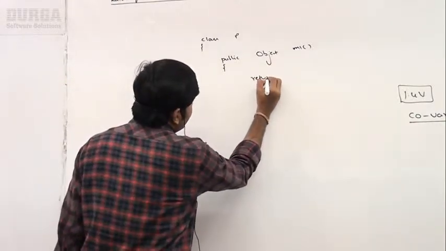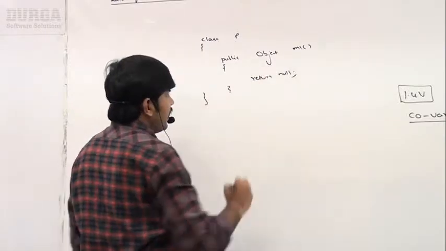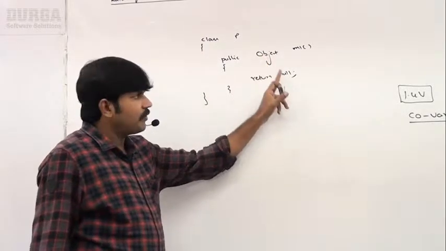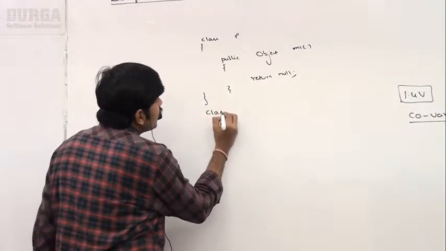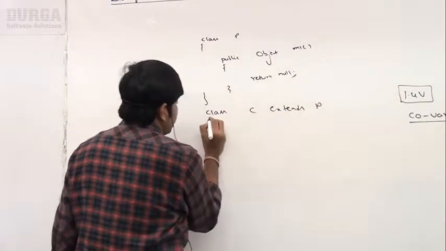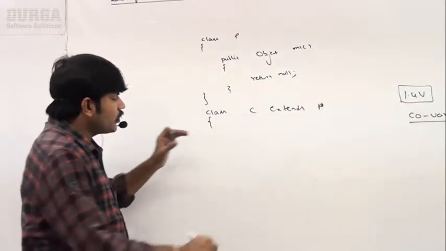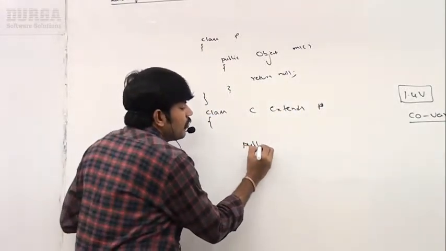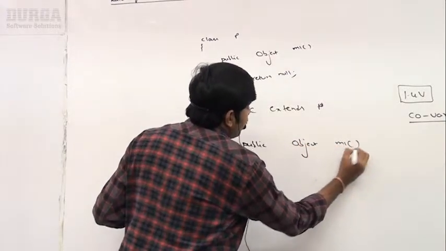It is expecting some return value; return null is acceptable, syntactically valid, because it has to return some object. Now I want to override this method in the child class. Class C extends P, I'm taking. Now I want to override, sir. Here public Object m1.